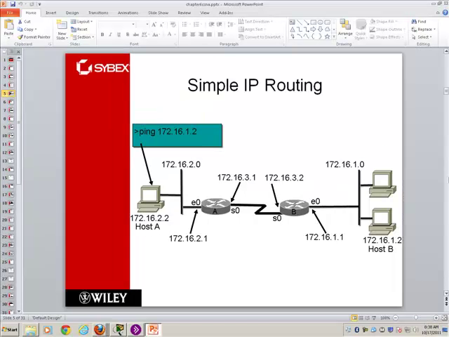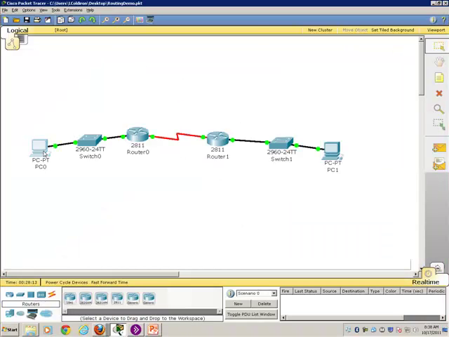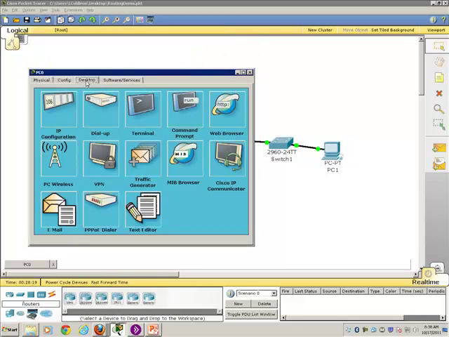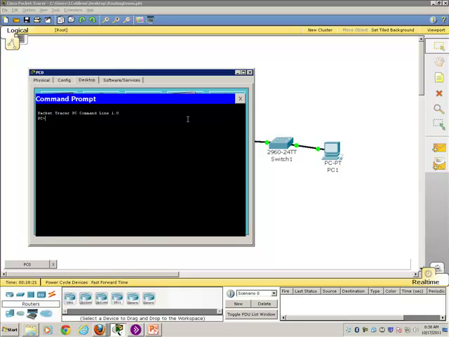So let's see if I can actually find it here. Here we go. So let's go to the first router. Actually, let's look at each of these things to be sure I'm not lying to you. IP config, 192.16.2.2.